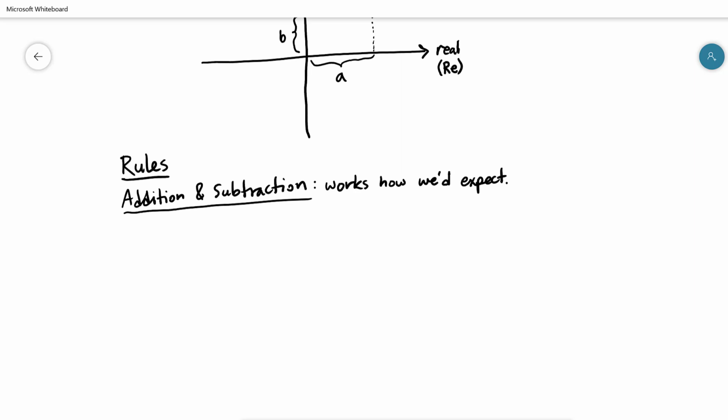If I wanted to add two numbers together, here's my first complex number, I'll call it z with a subscript of 1. So z1 is 1 plus i, and z2, our second complex number, is maybe 2 minus 3i.